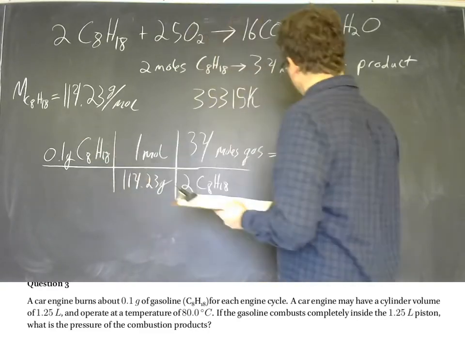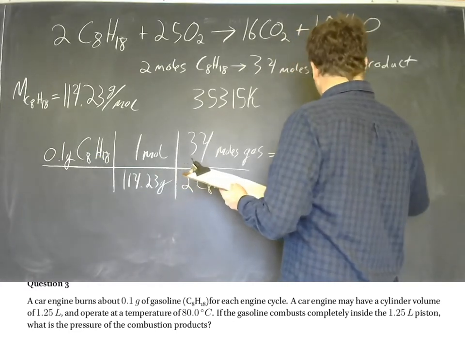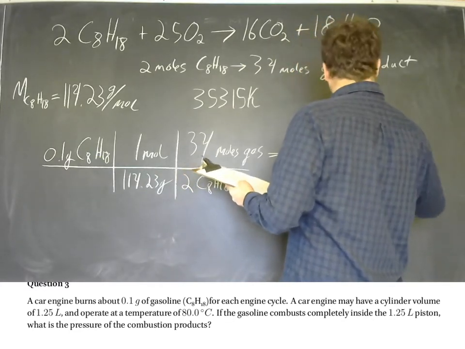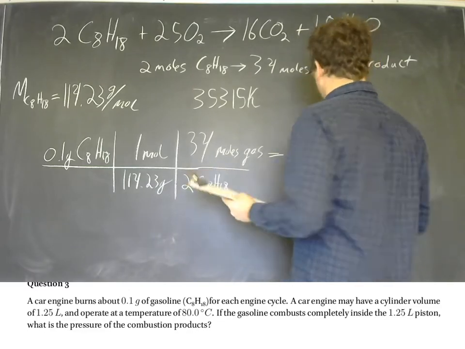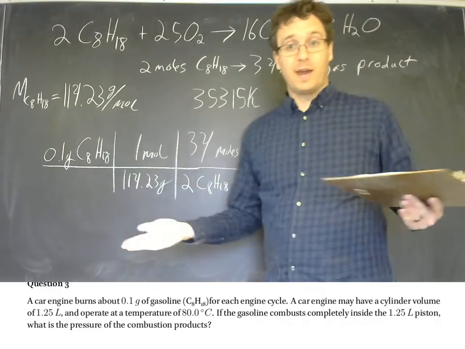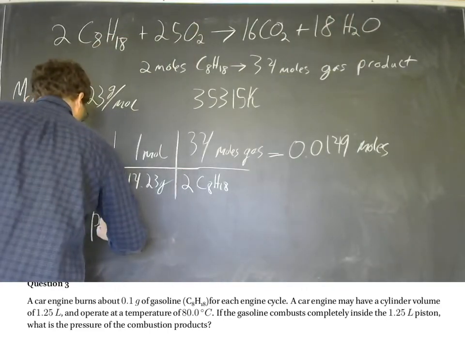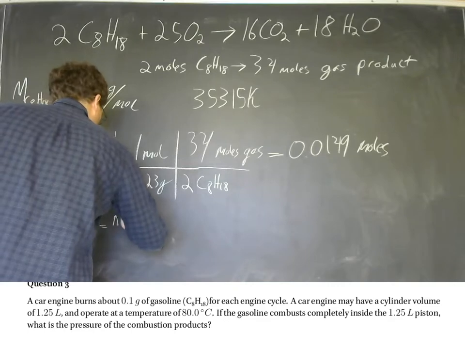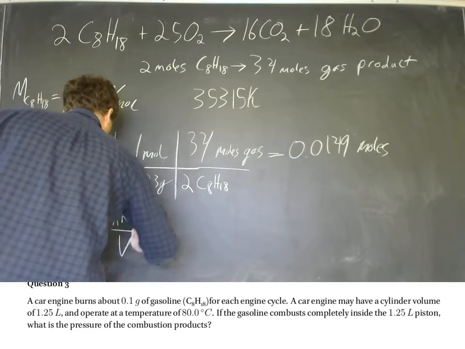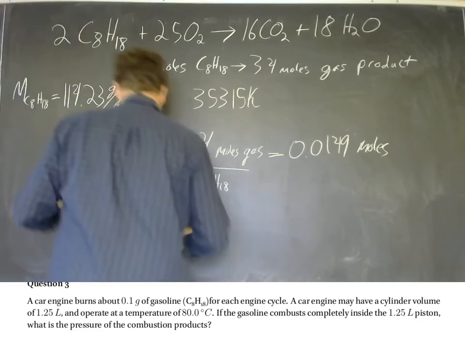And this is going to give us 0.0149 moles of gas product. And now we can plug that into PV equals nRT. The pressure is going to equal nRT over the volume. And so let's put those numbers in.